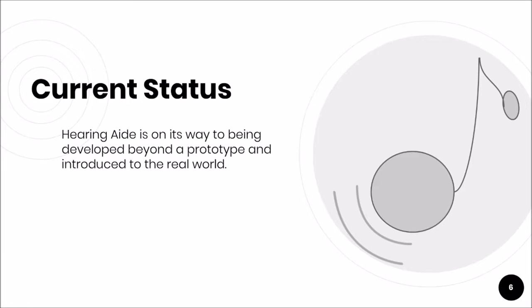Then, the AI will emulate this behavior, doing the same thing the user does in those specific situations. We also needed to make sure this application would read the location of the user in order to figure out how to accurately adjust the amplitude of the user's aid. Additional work that needed to be done was making sure our user interface could be easily understood by both adolescents and the elderly.